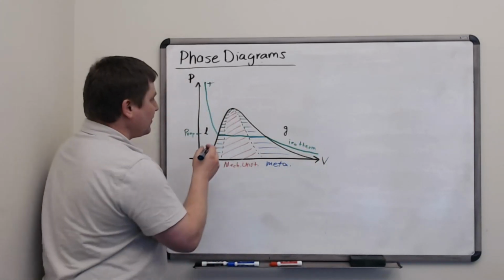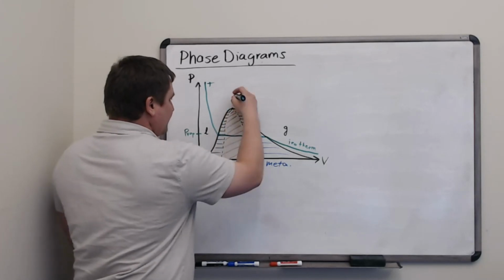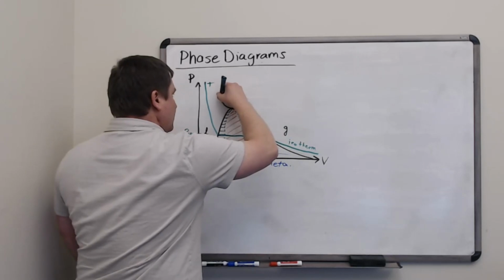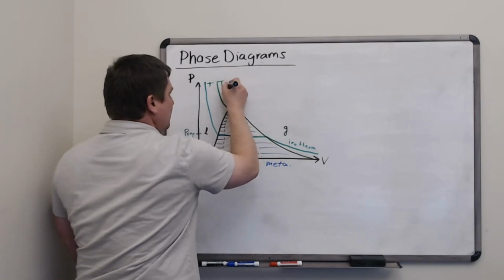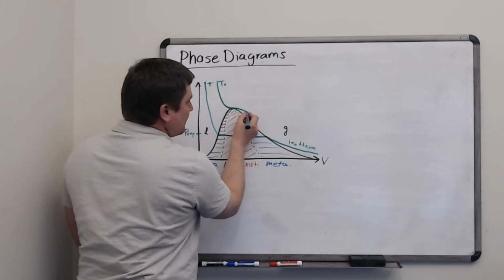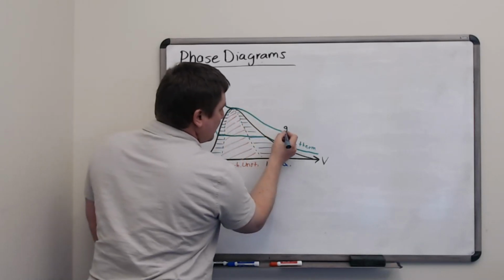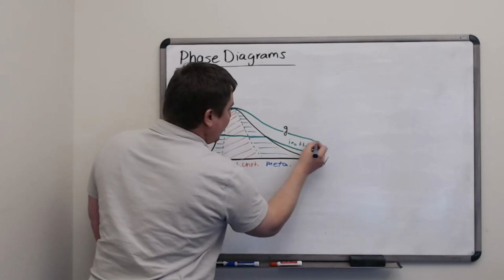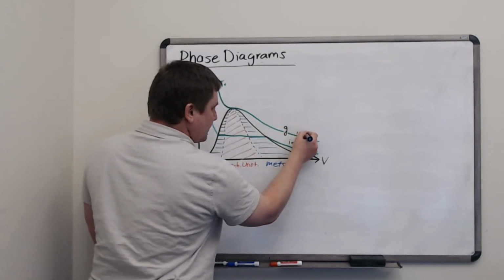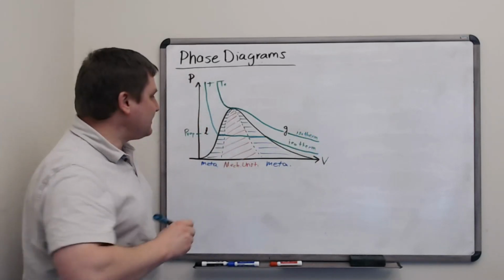The critical isotherm is the isotherm that goes through this critical point, and that isotherm never has any transition region. The system is in a pure state the entire time.